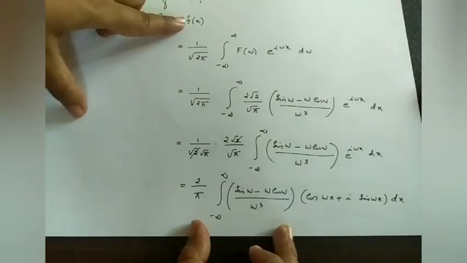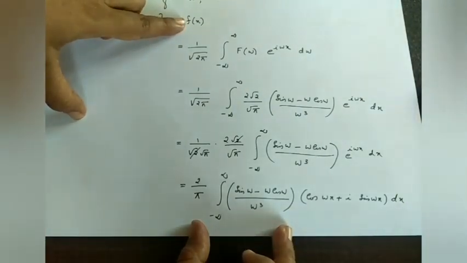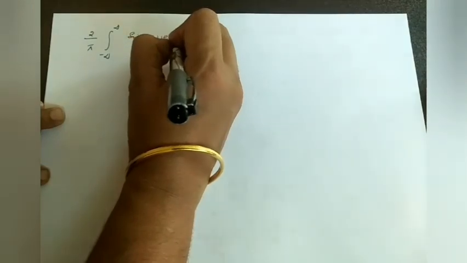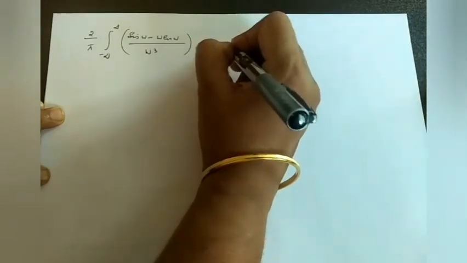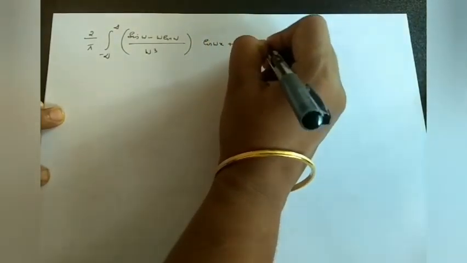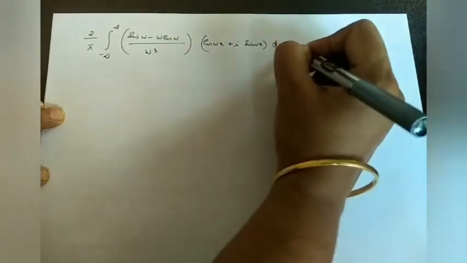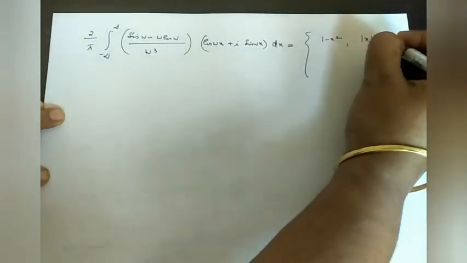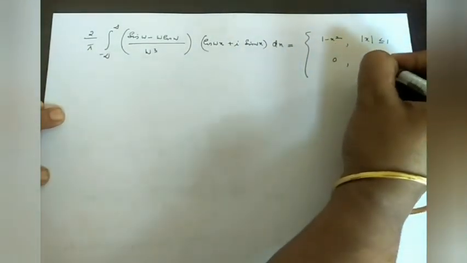Now here this is denoted as f of x. Therefore 2 by pi integral from minus infinity to infinity, sin omega minus omega cos omega by omega cube into cos omega x plus I sin omega x dx can be written as the value of the function 1 minus x square when mod x is less than or equal to 1 and 0 when mod x is greater than 1.